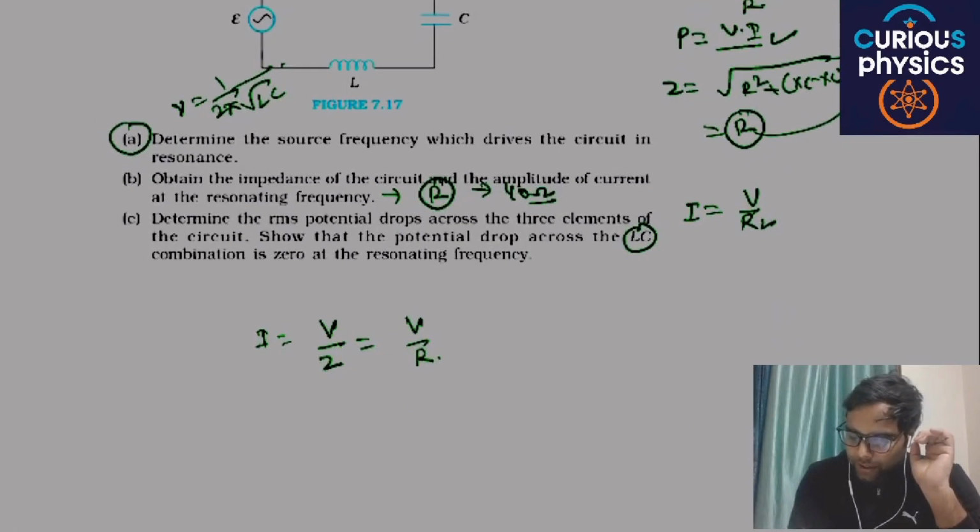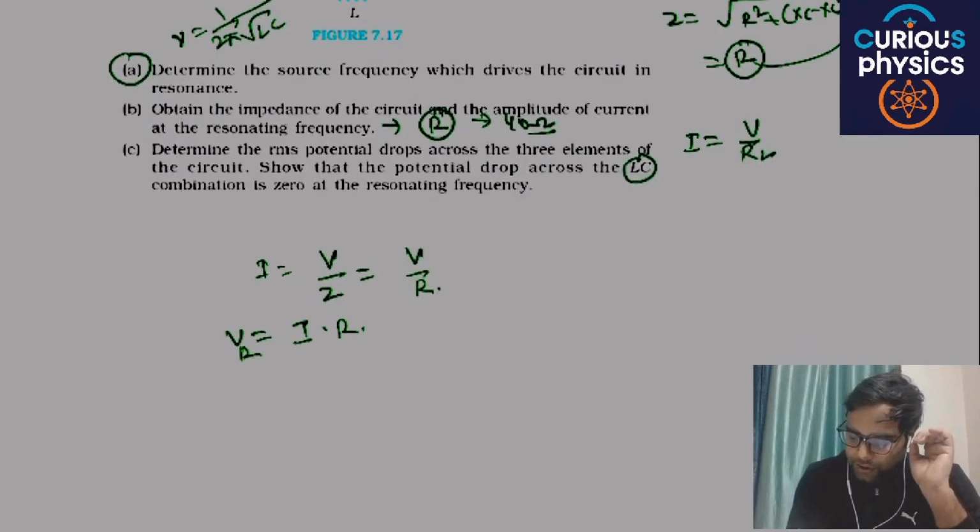Then the potential across R is I into R, potential across C is I into XC, and potential across L is I into XL.